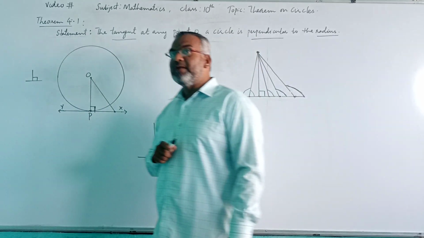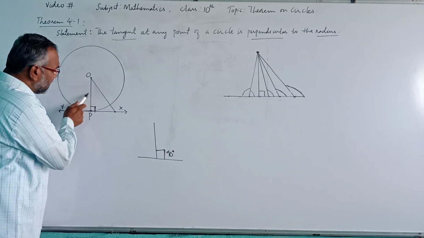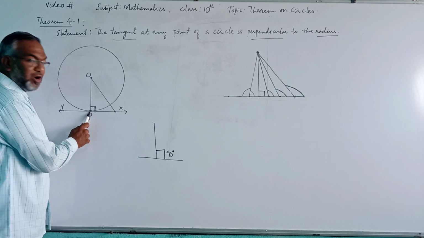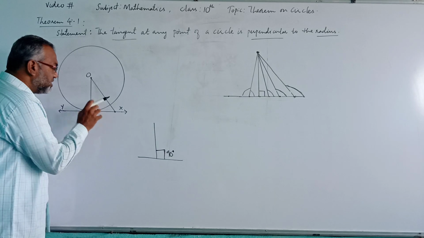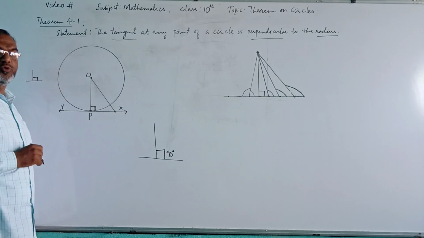So from this we come to know that the angle between the radius and the tangent at the point of contact will always be 90 degrees. If it is 90 degrees, then we can say that the tangent and this radius are perpendicular to each other.